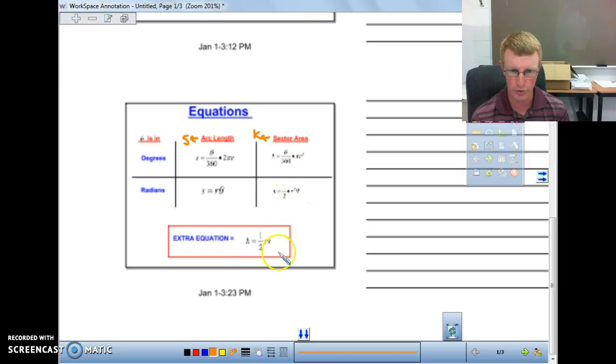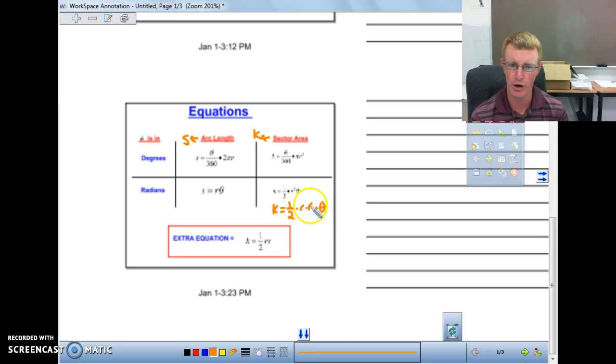Now, we do have this extra equation down here. It says K equals 1/2 r times S. So real quickly, I want to show you where this formula comes from. It really comes from the sector area formula, because if you notice up here, I can rewrite this formula, K equals 1/2 times r times theta.